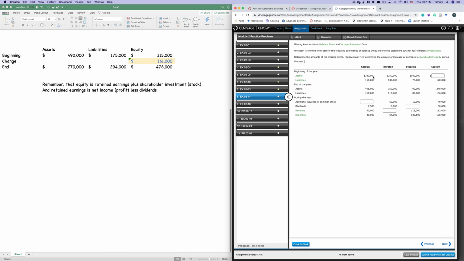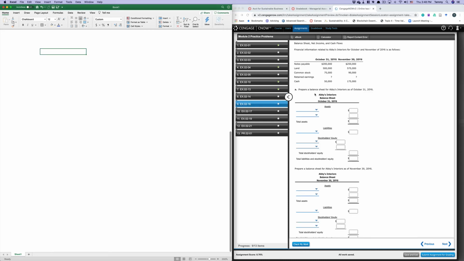This is basically more of the same, so I'm not going to go through that one with you. Okay, this one starts getting at creating financial statements based on account balances. And so this particular example is actually quite straightforward.